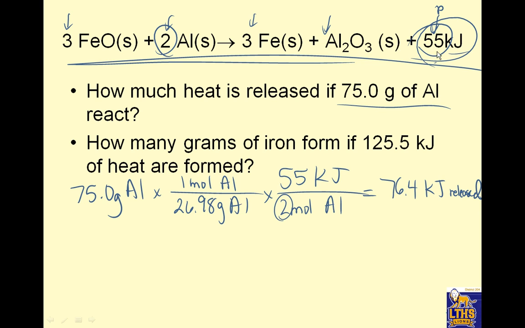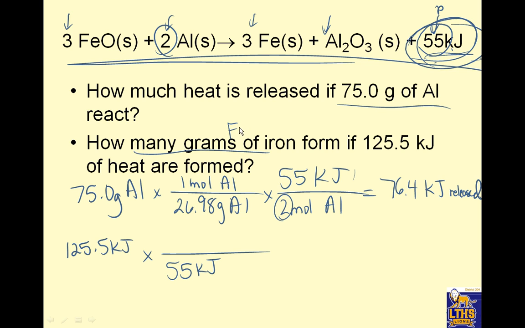Okay, so heat can be used as a coefficient, and actually it's one step shorter because you stop with kilojoules. All right, what if you're given kilojoules? 125.5 kilojoules. Well, looking at this balanced equation, look, there's the heat. So I use the 55 kilojoules from the balanced equation, and then what am I trying to find? Grams of iron.